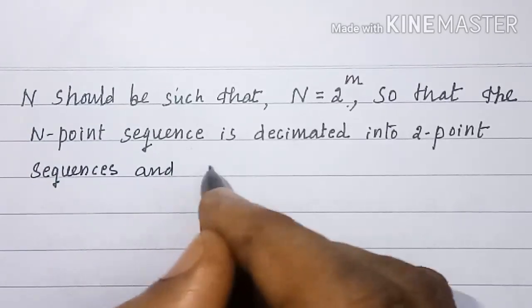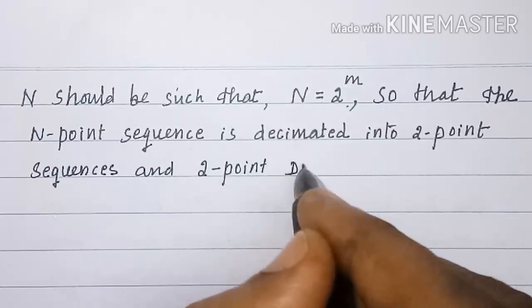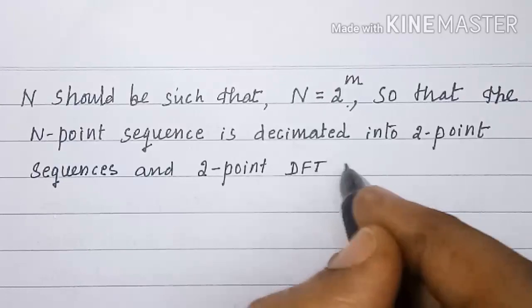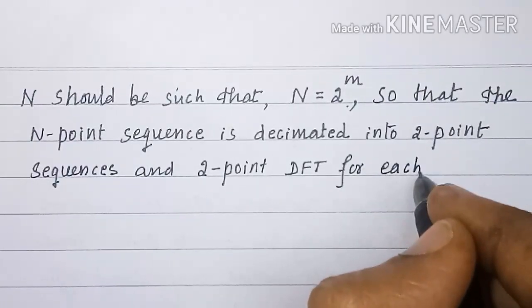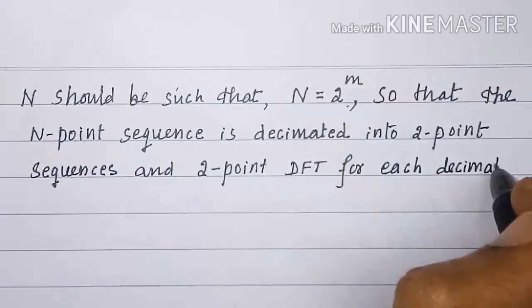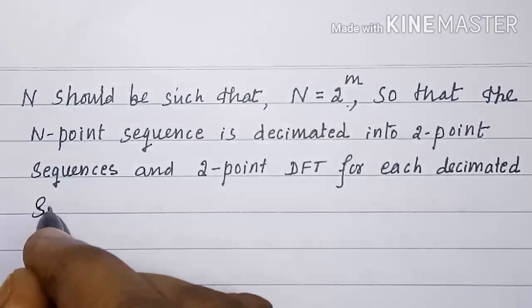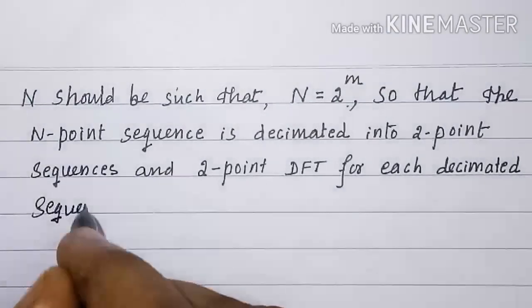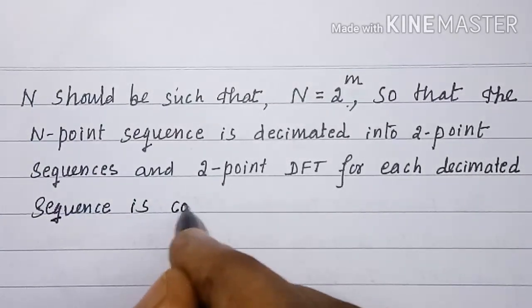And 2-point DFT for each decimated sequence is computed.